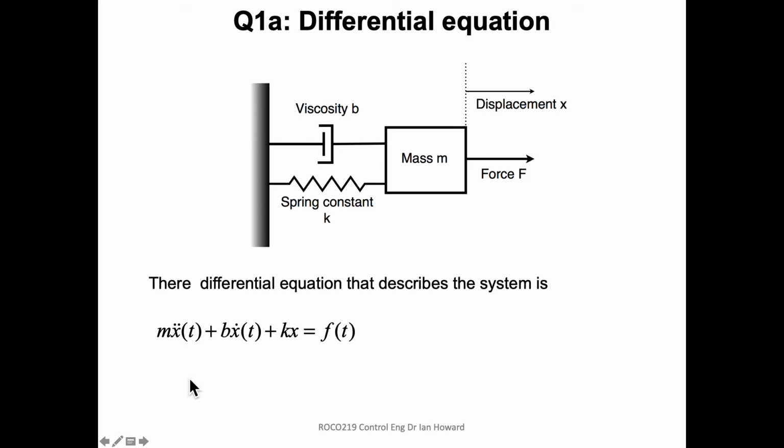The component from the dashpot is viscosity times velocity, so that's B x dot, where x dot is velocity. The component due to the spring is K times x, where x is the displacement. And these all have got to equal the applied force F, which is here written as F(t).